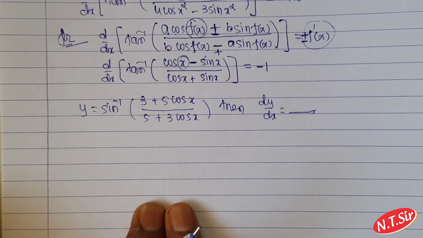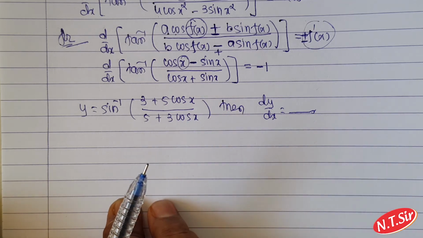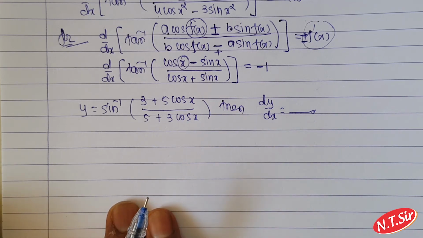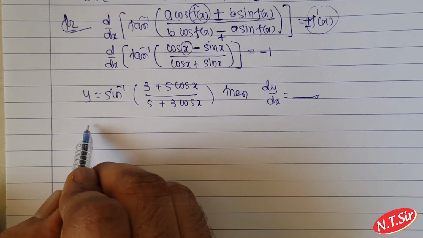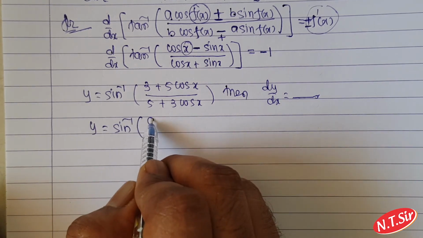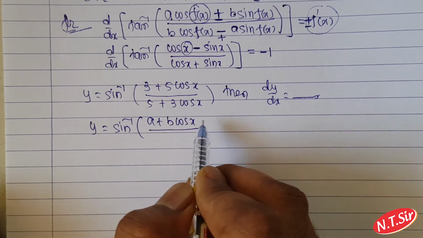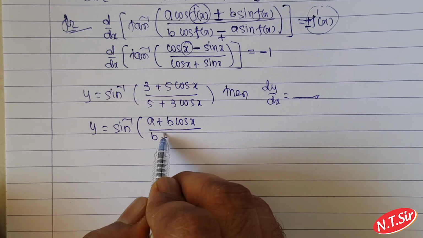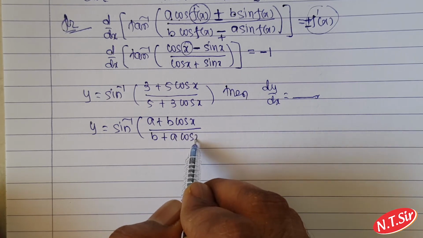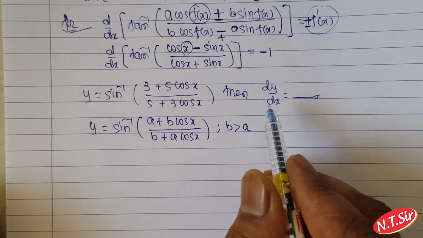So to differentiate this type of function, remember one formula: y is equal to sine inverse of (a plus b cos x) upon (b plus a cos x), where b is always greater than a.